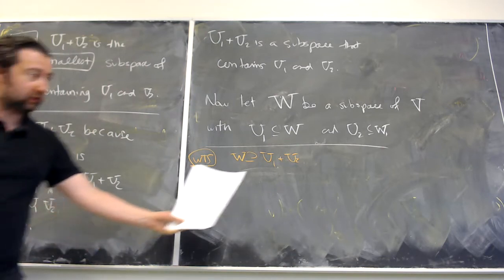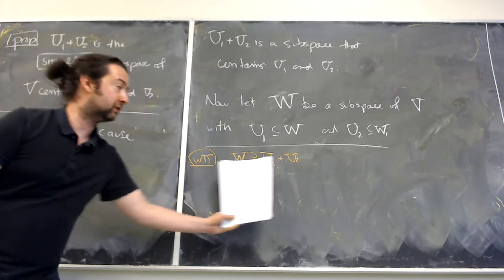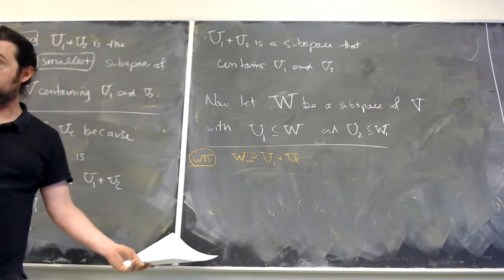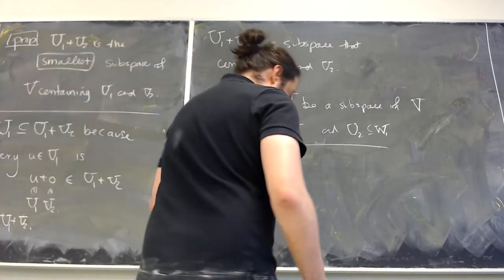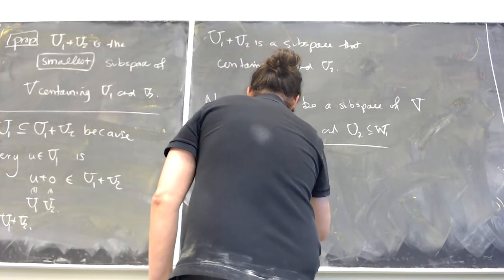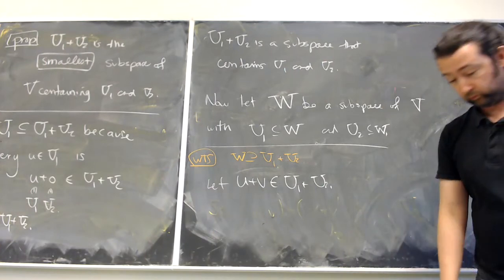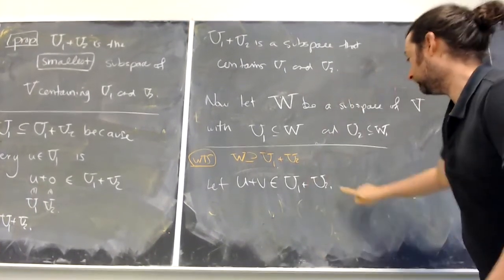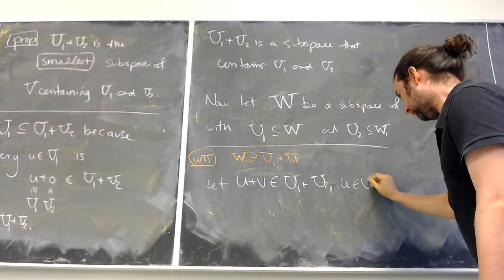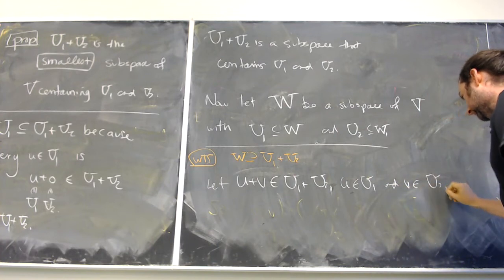Yeah, pick an element in here and show that it's also an element of here. If I can show that any element of this is also an element of that, then I've got my subset containment. So we're going to let u plus v be an element of U1 plus U2, where u is in U1 and v is in U2.